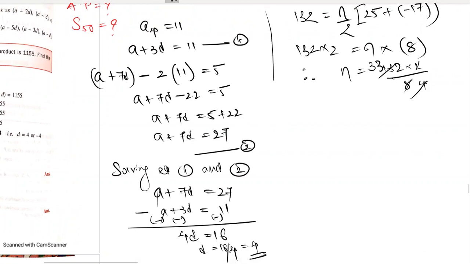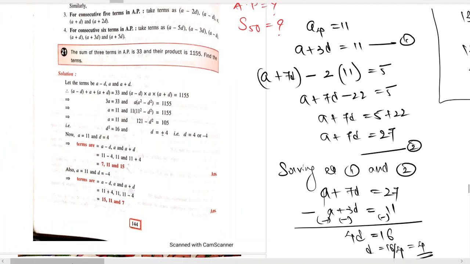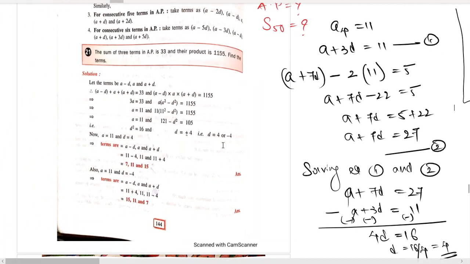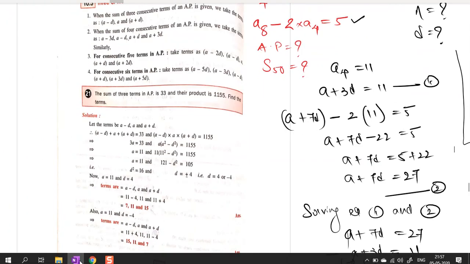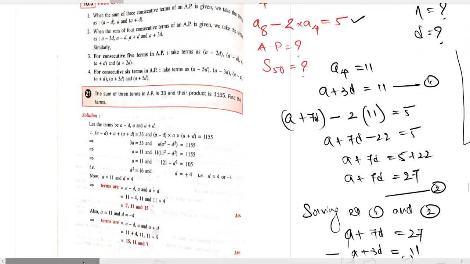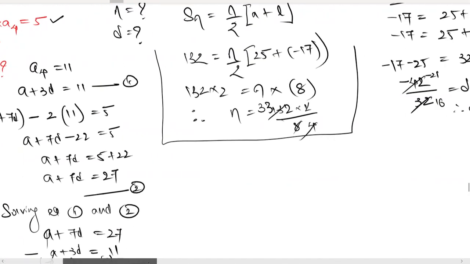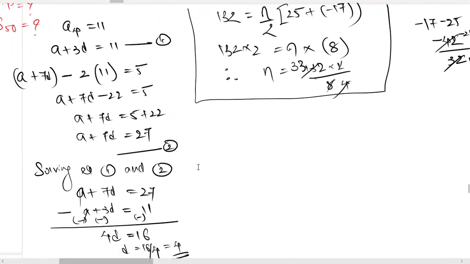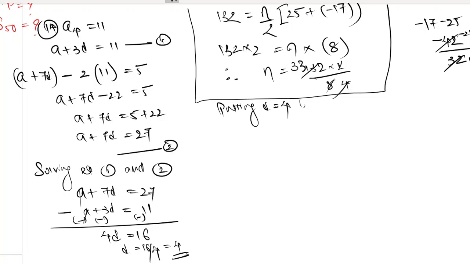This is question number 14, right? Putting D is equal to 4 in equation 1.